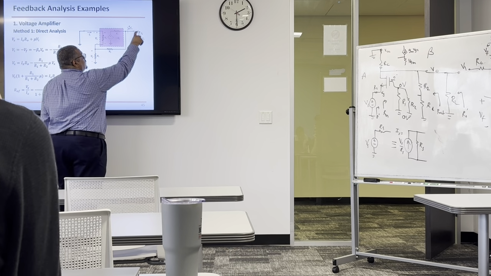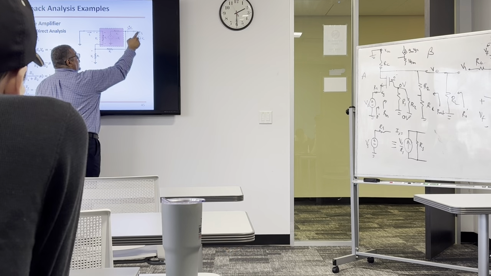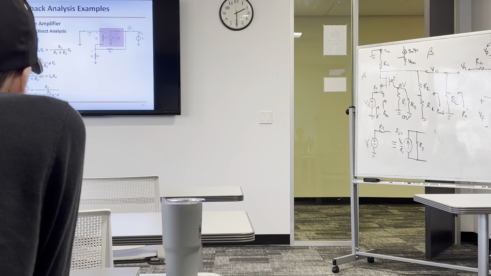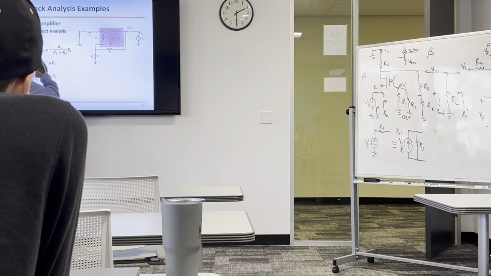We connect a test source Vx, find the relationship between Vx and Ix, and divide them to get the R out with feedback, without moving anything, without cutting anything. Again, what's Vx?